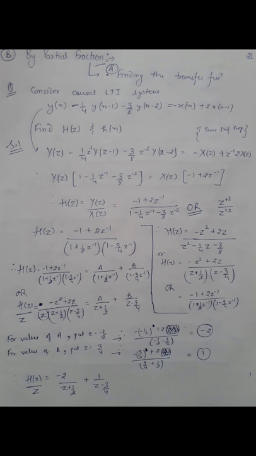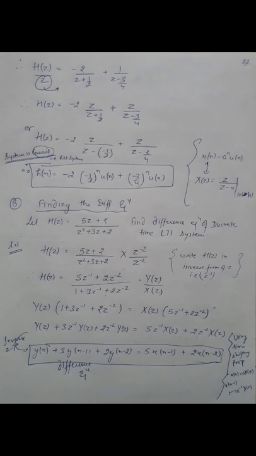So H(z) by z can be written as minus 2 upon z plus 1/2 plus 1 upon z minus 3/4. Take that z to the right hand side: H(z) is equal to minus 2z upon z plus 1/2 plus z upon z minus 3/4.